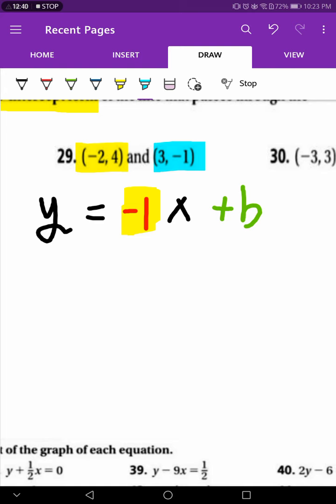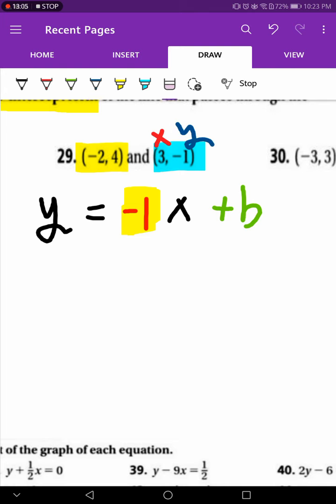Okay, so I will use the blue one here. So I don't want to use this. But teacher, if I use the yellow one, it is correct. Okay, you can use it, it is up to you. Use one. Take the x and take the y.